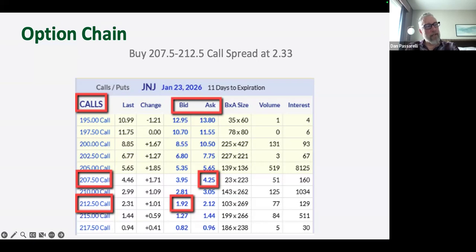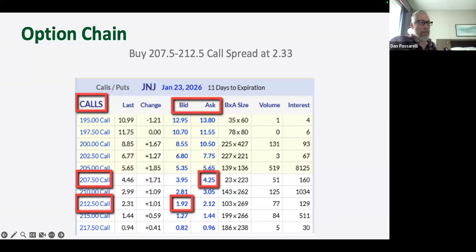First of all, why do I do this? Why do I buy the 207.5 calls and sell the 212.5 calls? Because I think this stock is going to go higher and the 207.5 calls are going to gain in value.